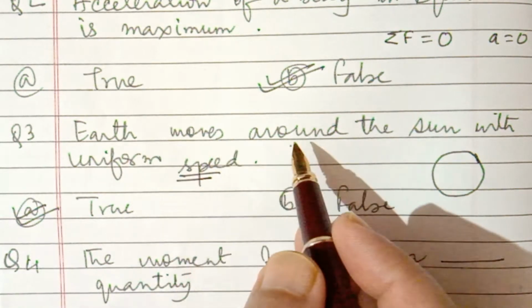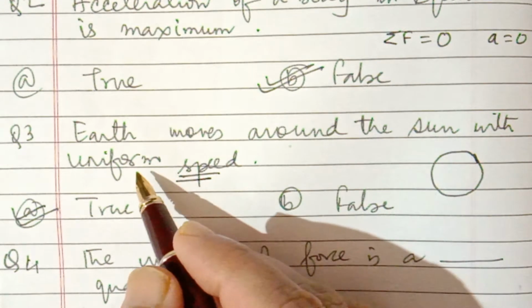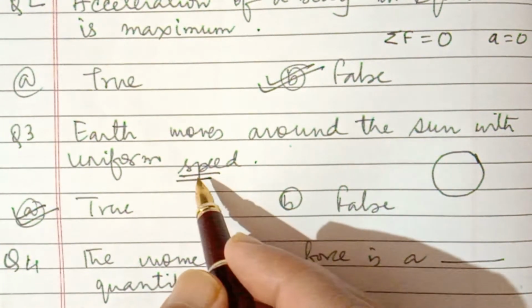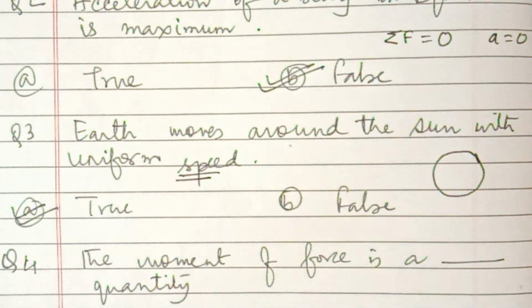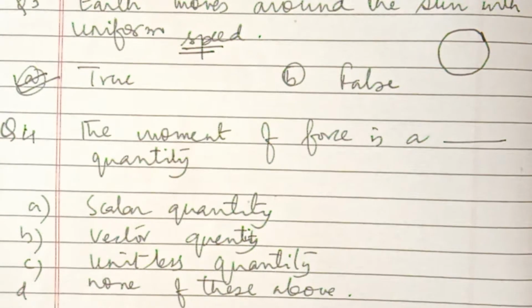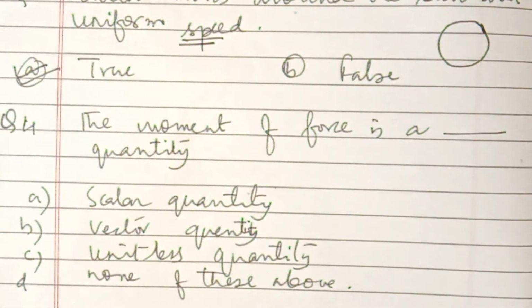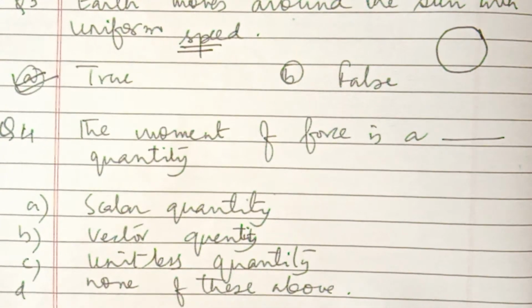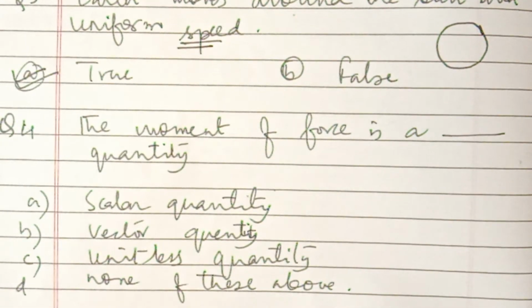If Earth moves around the sun with uniform velocity, then it will be false. But here it is uniform speed. So that's why it is true. So in circular motion, velocity is variable, but speed is uniform. So remember that.